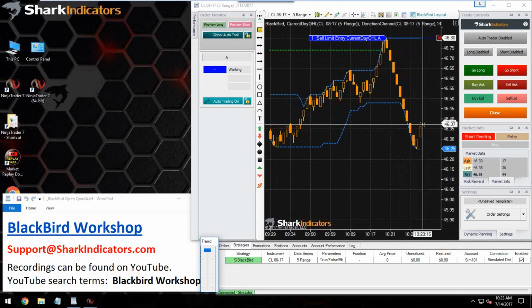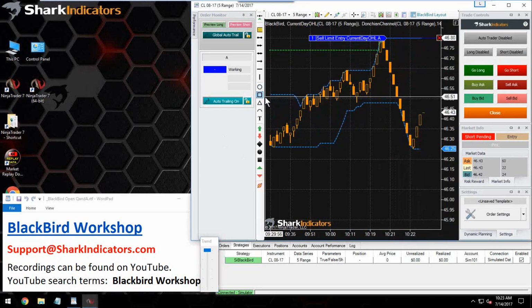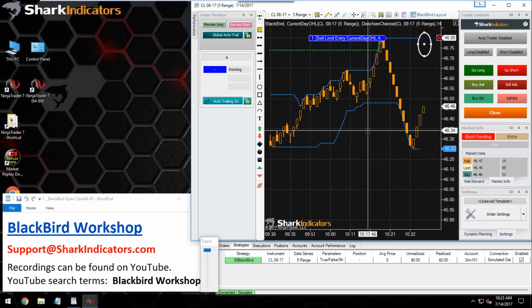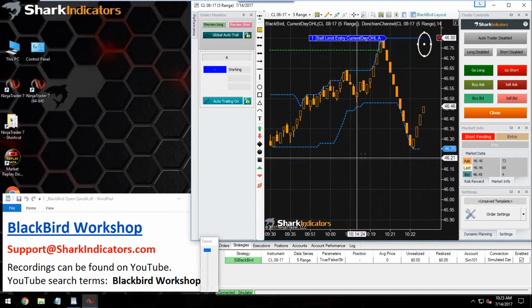All right, I think we've got about 4 more bars to go. So again, what we're looking for is, as soon as the 2 indicators separate from each other, that should cancel our limit order.